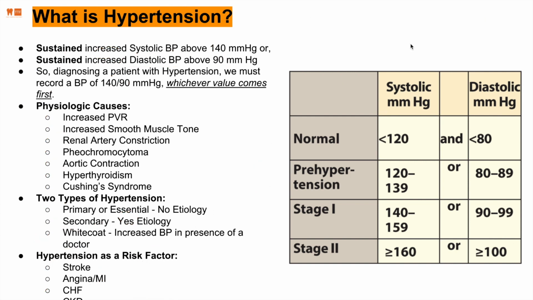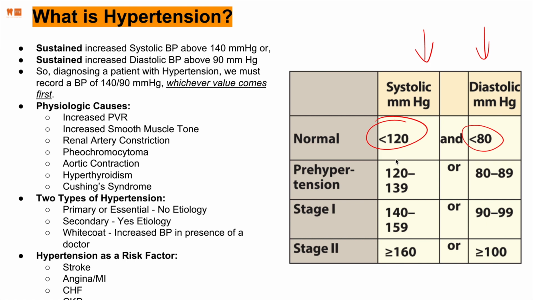And before we let you go, I'm just going to show this little chart here with the different values and classification of hypertension for the next lecture, so everyone is fresh reading it. Systolic and diastolic values. Normal is less than 120 and less than 80. Remember that, guys. Less than, not equal to, less than 120 over 80.